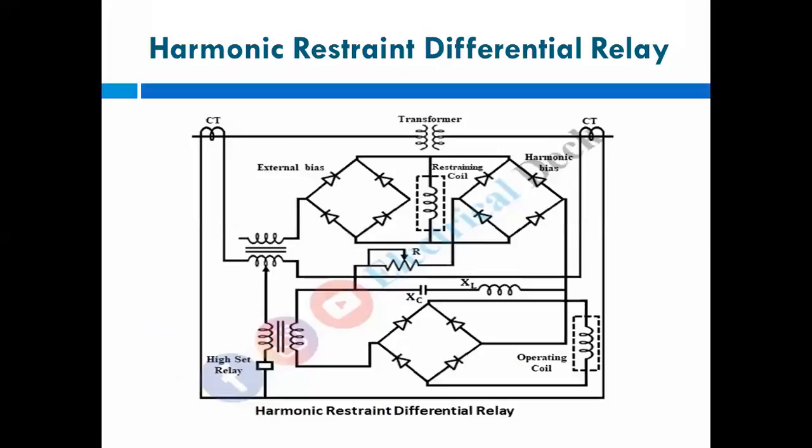After that we started this point, that is the harmonic restraint differential relay. In the harmonic restraint differential relay, what is this relay actually? In this type of relay, remember that there are two types of currents.